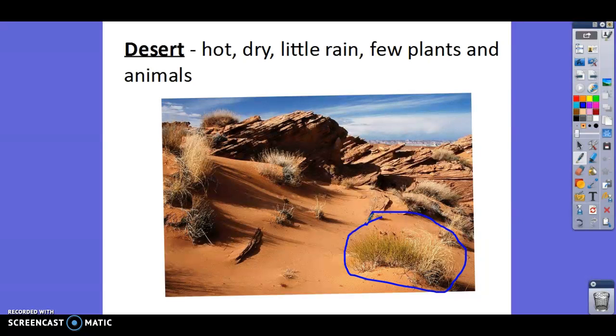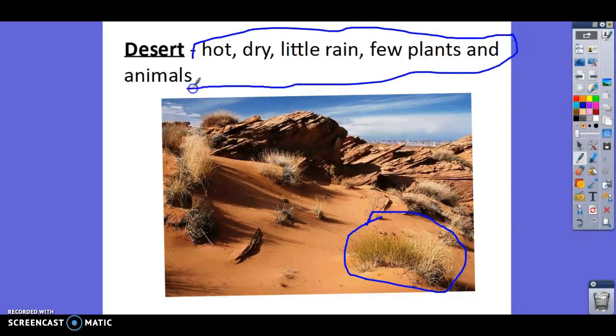So these are the biomes. You guys will need to be able to match these up, the descriptions, with the biome for a test. Okay, eventually, whenever we have that test, if I give you this definition, right? Which biome is hot and dry, has little rain, few plants and animals?